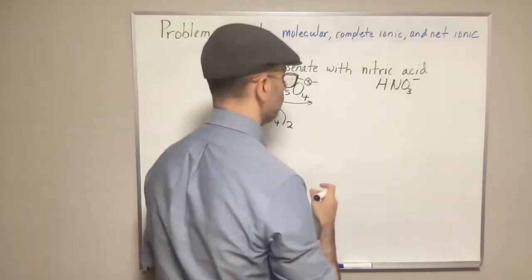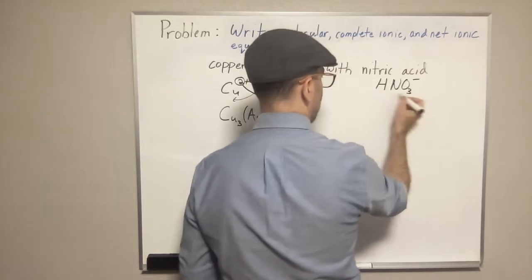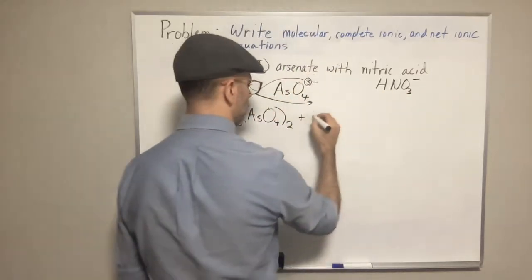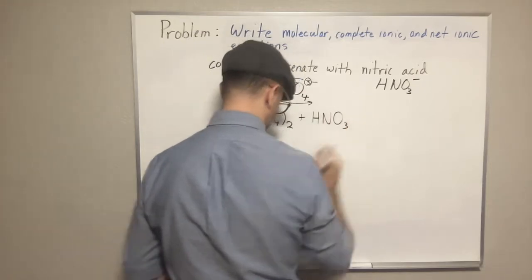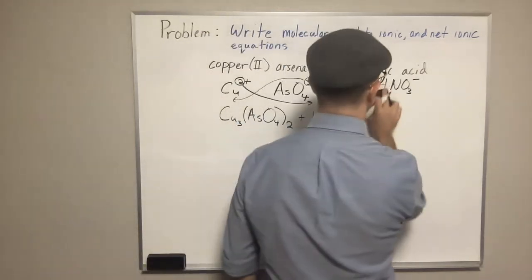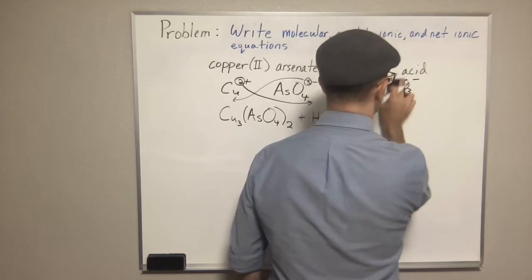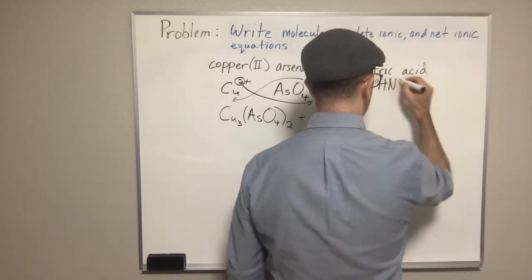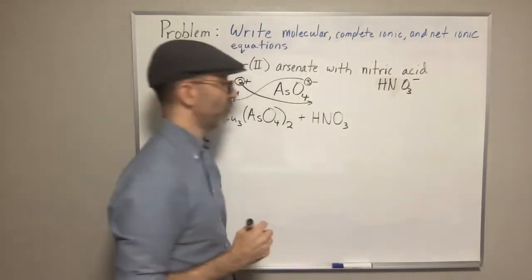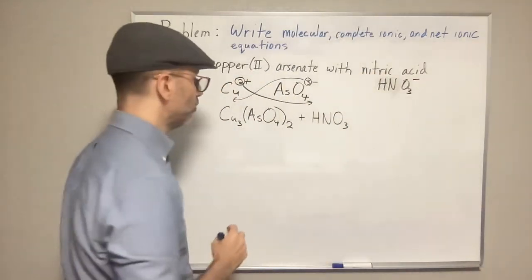So that is our formula for nitric acid, HNO3. So that's going to be plus HNO3. So let me write this better. So this is going to be HNO3 like so.